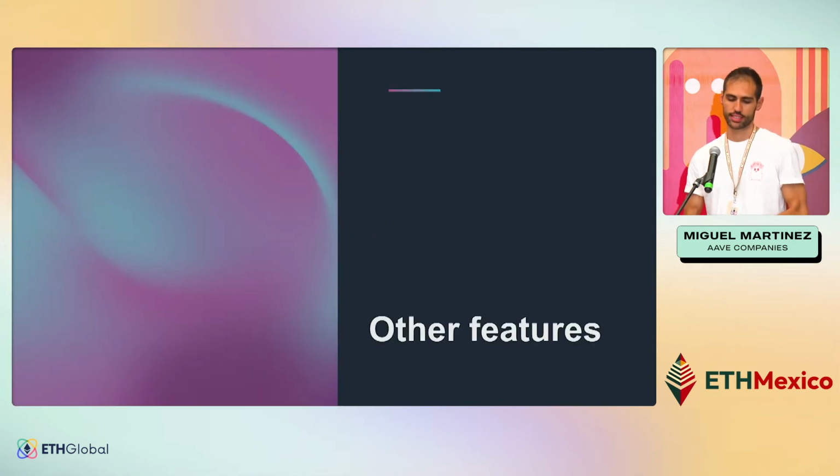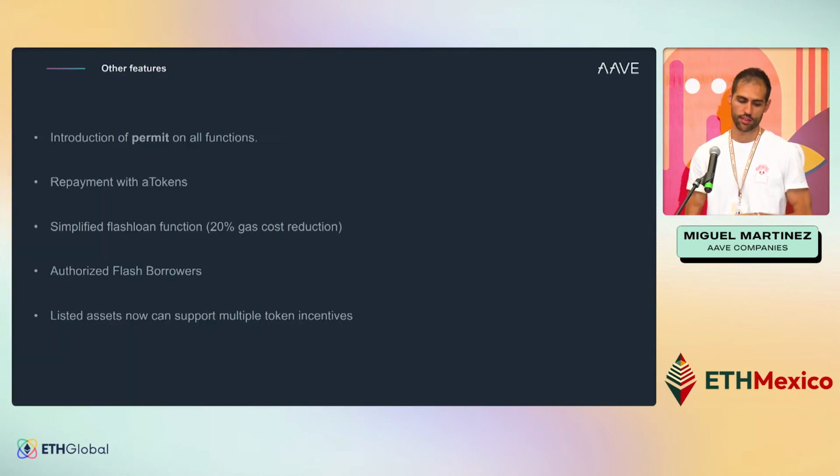Of course, there is a bunch of more new features that came together with version 3 of the protocol. There is the introduction of the permit on all the main functions and user-facing functions of the protocol. This is a way to save gas, basically, so the users don't need to approve before the actual action they want to perform.